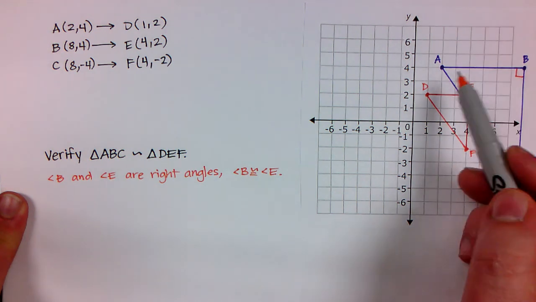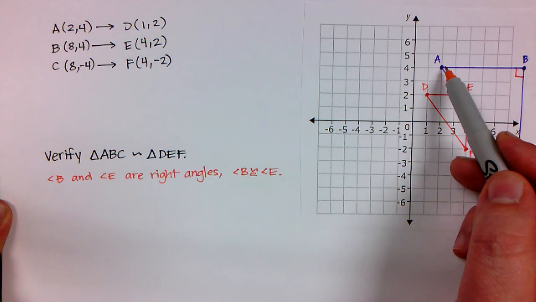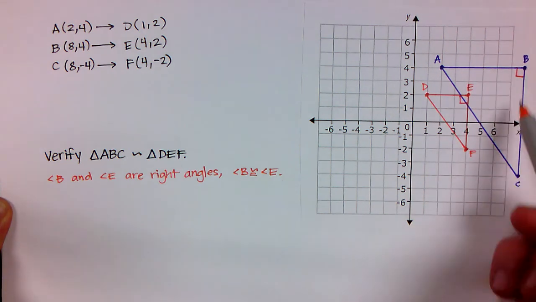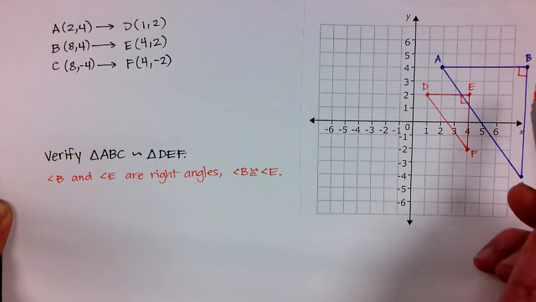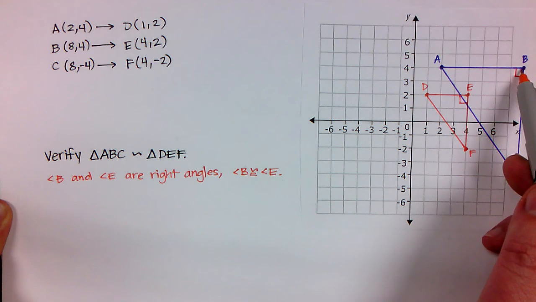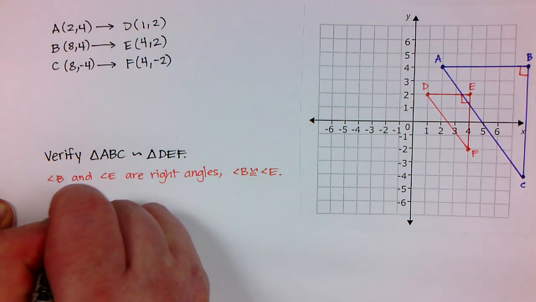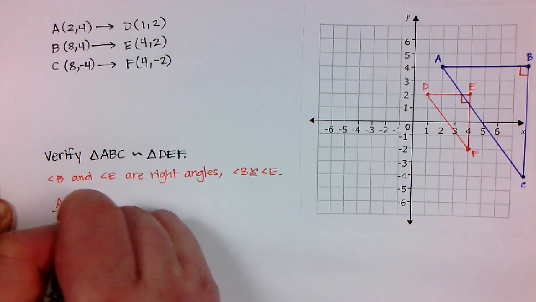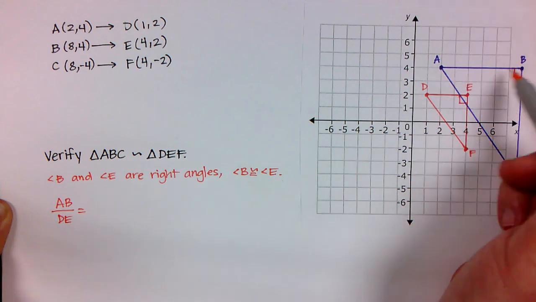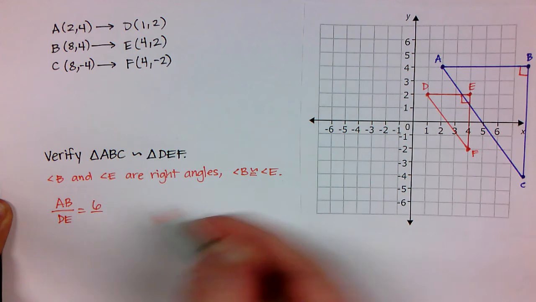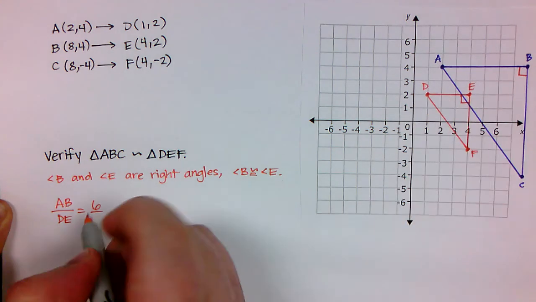Okay. So again, when we're doing this, we need to look at the sides that are including that angle that I said was congruent. So this means the side AB compared to DE. So let's write that down. AB compared to DE. If I look for the length of AB, it is 6 across, and the length of DE is 3.